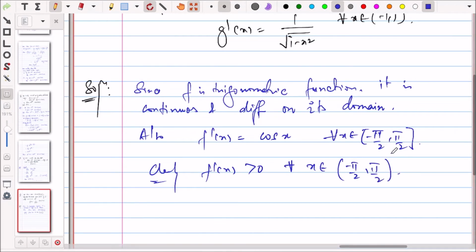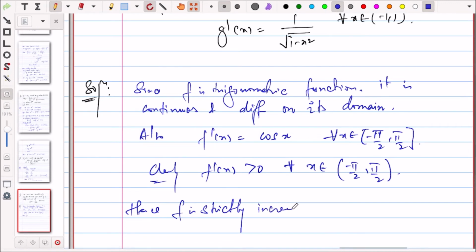Pi by 2 पे they become 0, right? So pi by 2 नहीं लेंगे, बाकी तो क्योंकि देखो cos of minus x is cos x. So basically this is positive everywhere except at the points minus pi by 2 and pi by 2, ठीक है। So hence f is strictly increasing on the open interval minus pi by 2 to pi by 2.